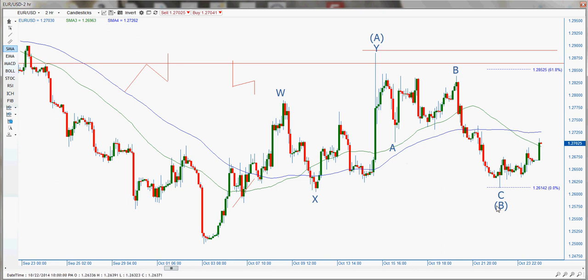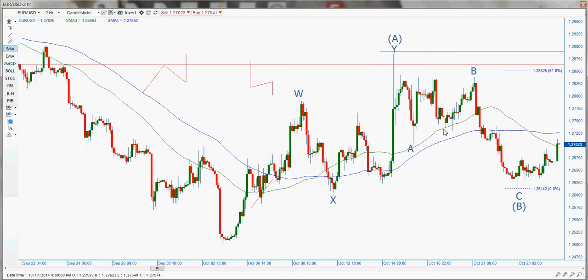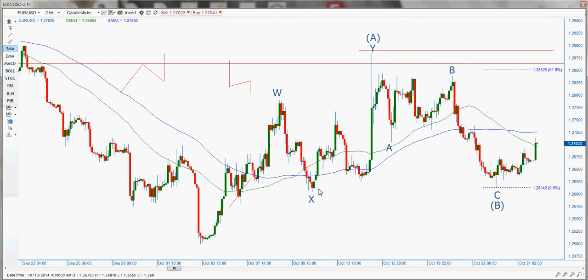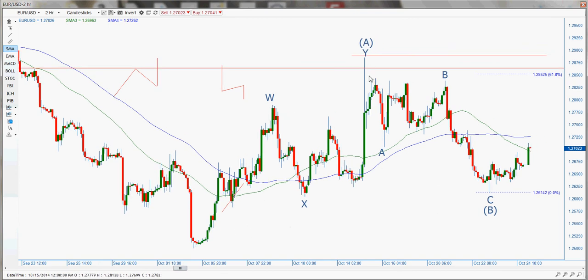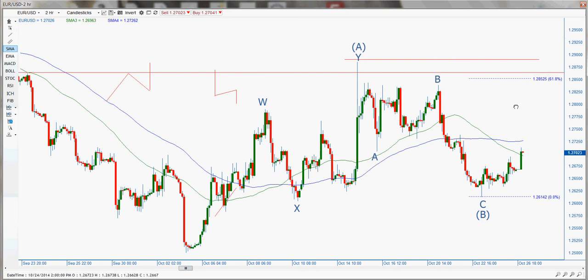Waves A and C are related by a Fibonacci number. This wave W and Y are related by a Fibonacci number. And so everything's leading and pointing to the fact that this was a correction, and we need the third and final leg higher to complete a larger degree correction.